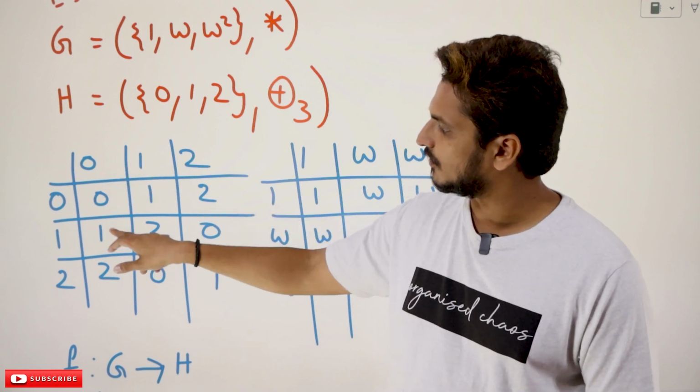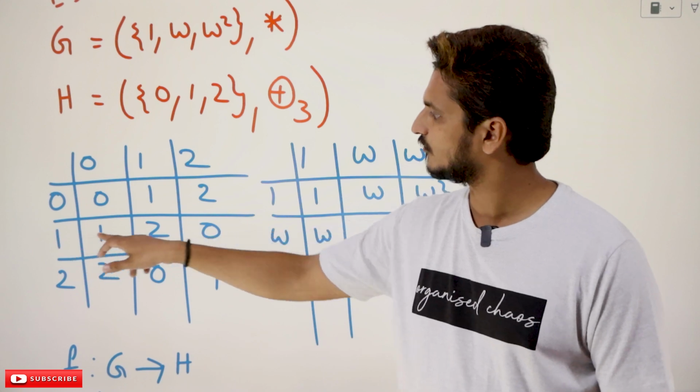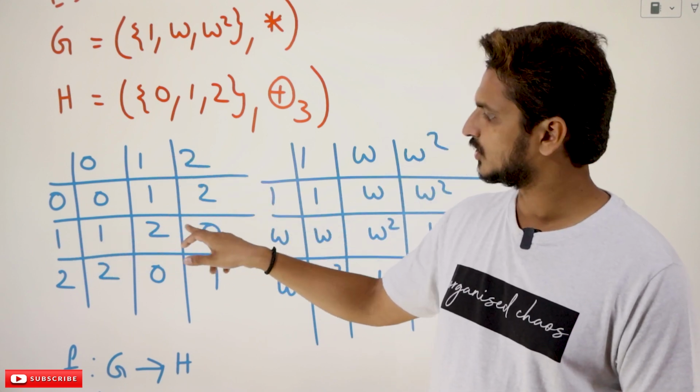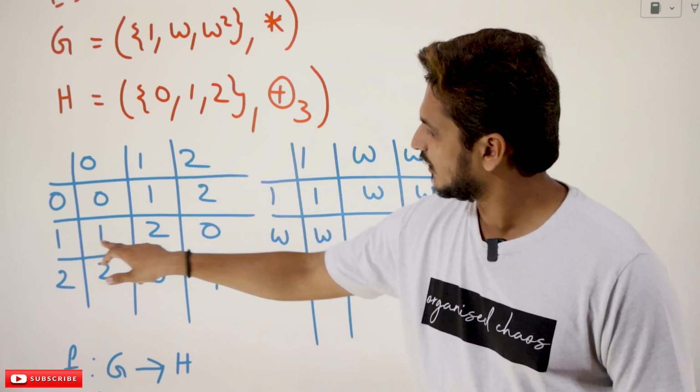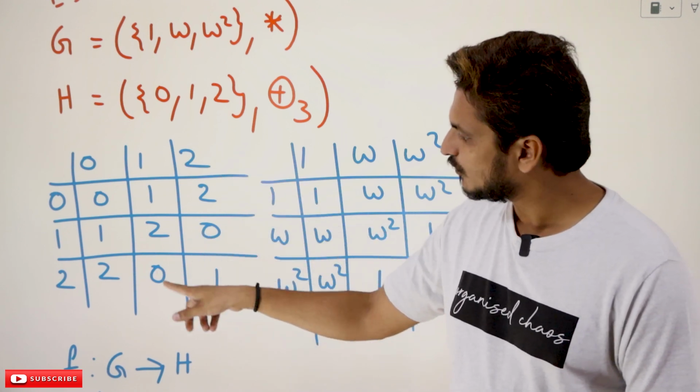Similarly 1 plus 0 is 1, 1 modulo 3 means 1. That's why we got 1 here. 1 plus 1 is 2, 2 modulo 3 means 2. 1 plus 2 is 3, 3 modulo 3 means 0. This is how we got this table.